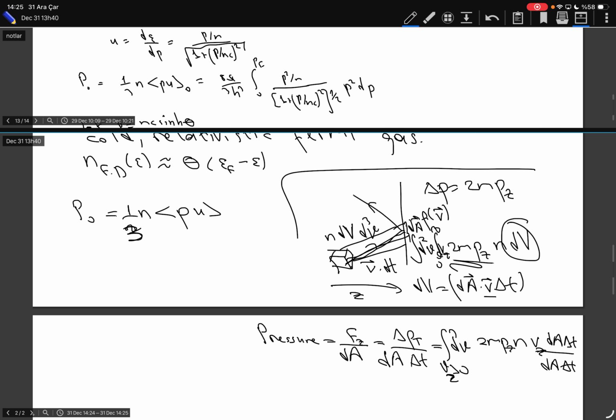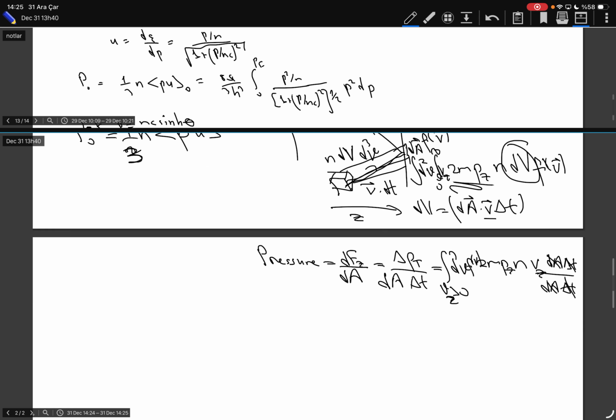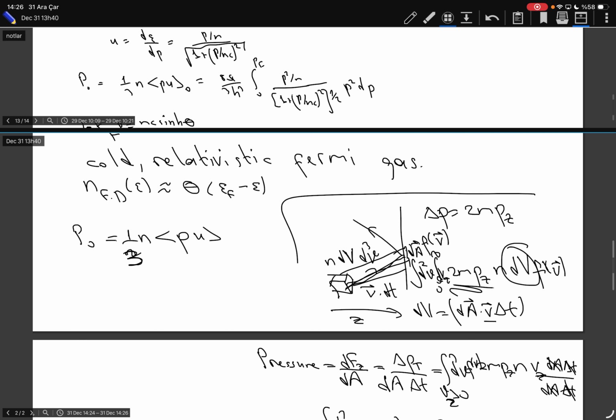Let me write the small force, a very small amount of force acting on a very small amount of area. So there's also the f, the distribution of velocities. The A's and t's will cancel. So what I will have as pressure is the integral of d cubed v over v_z larger than 0, f of v, 2 p_z v_z. Sorry, there's no m.